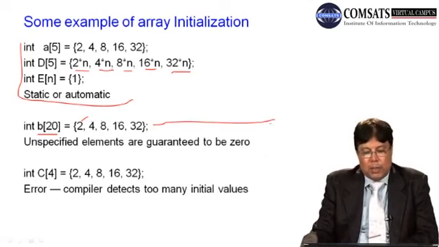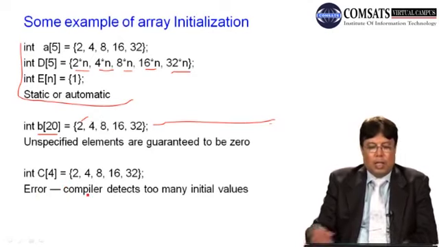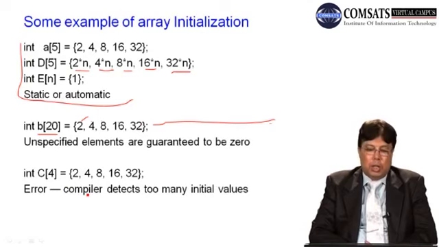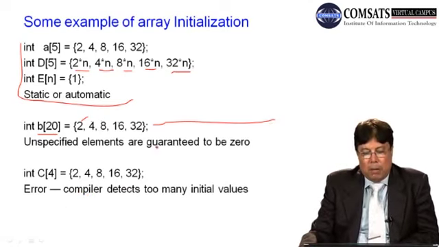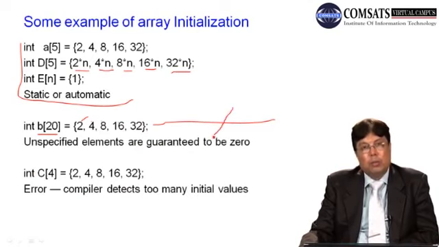The remaining unspecified elements are guaranteed to be 0. Unspecified elements, अब ये garbage नहीं है. They are guaranteed. Unspecified elements are guaranteed to be 0. क्योंकि यहाँ पर आपने इसको initialize कर दिया है और remaining part को आपने initialize नहीं किया. So those are automatically initialized to be equal to 0.